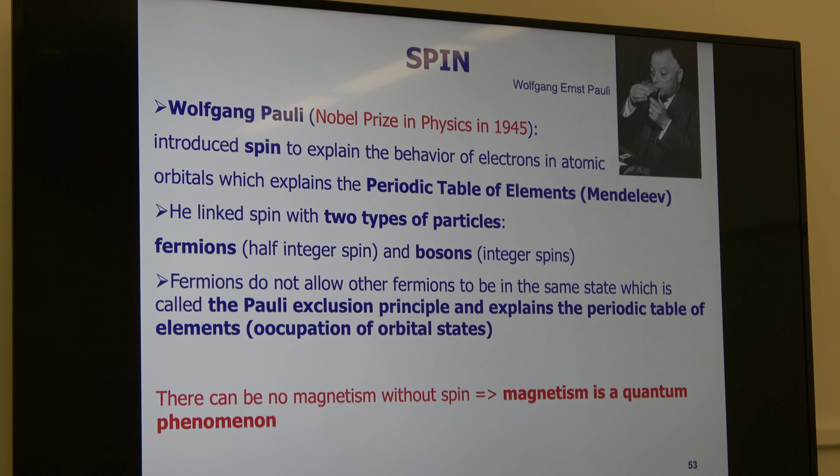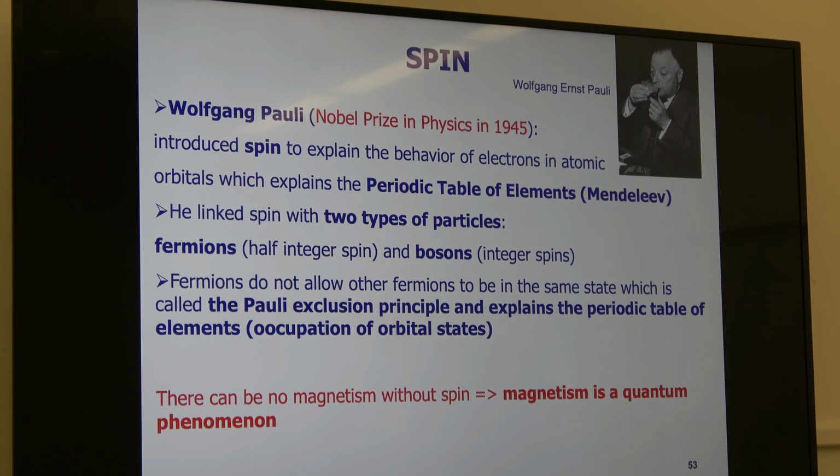And that also leads to two types of particles in the universe, depending on what spin they have. And spin can be, again, quantized. It could be zero. There are objects with no spin. It could be 1/2, or 3/2, 5/2, 7/2.